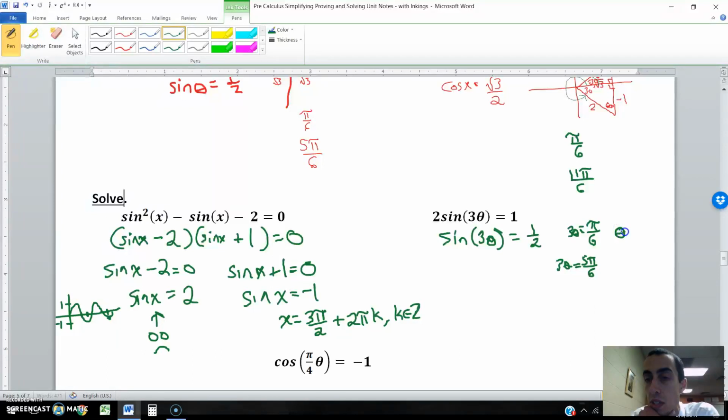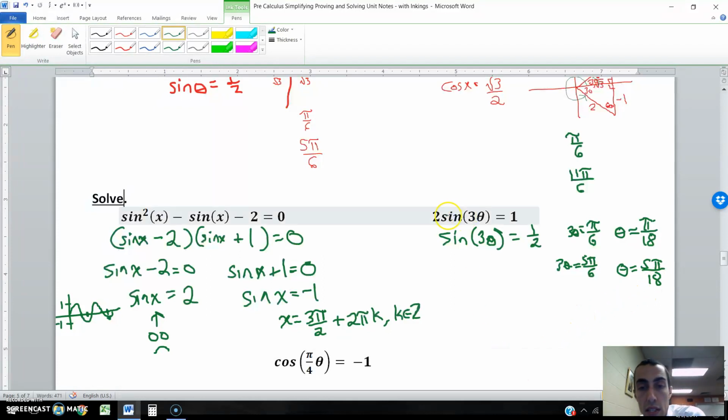So our actual angle is going to be pi over 18. Divide both sides by 3, and we'll get 5 pi over 18.